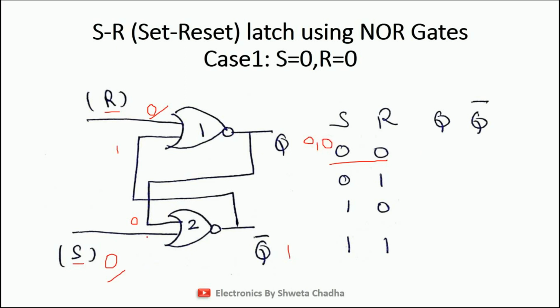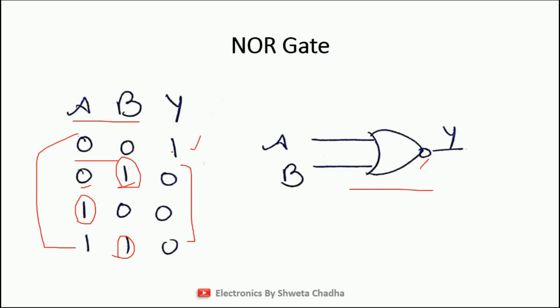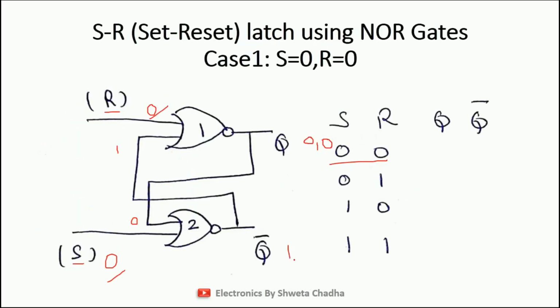On the other hand, when both inputs are 0, 0, the output is 1. So when I have assumed 0, 1, I am getting 0, 1.